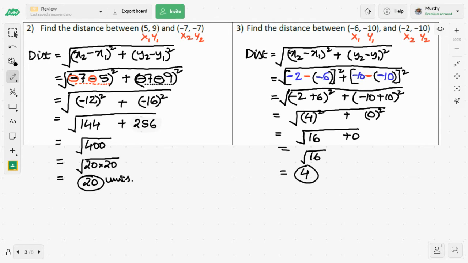Well, any questions on this? You may please compare your answer with my answer, and if it is matching, thumbs up, and if it is not matching, you have to check your steps carefully. Okay, well, let's go to the next question now.